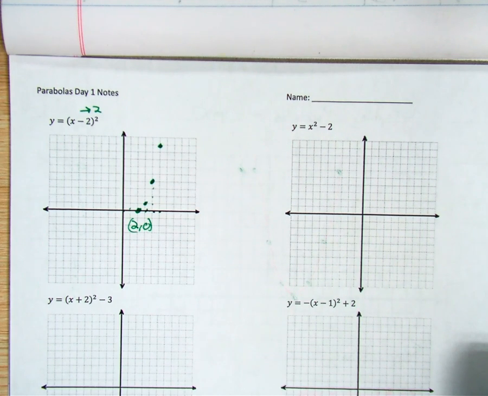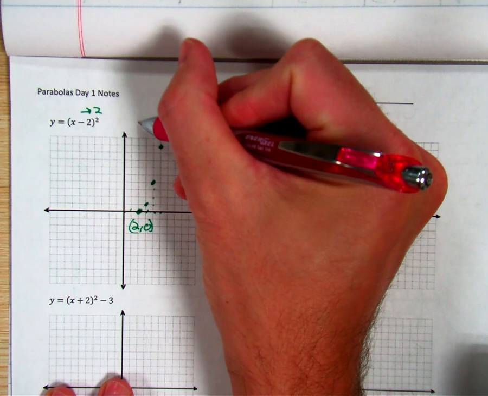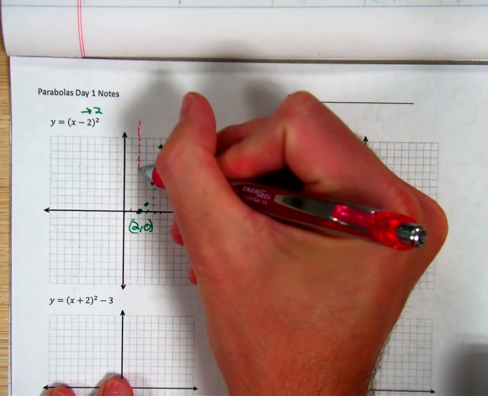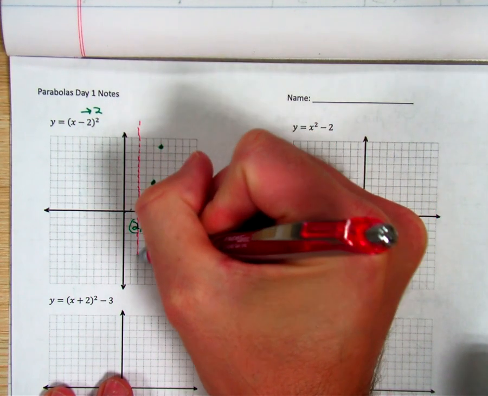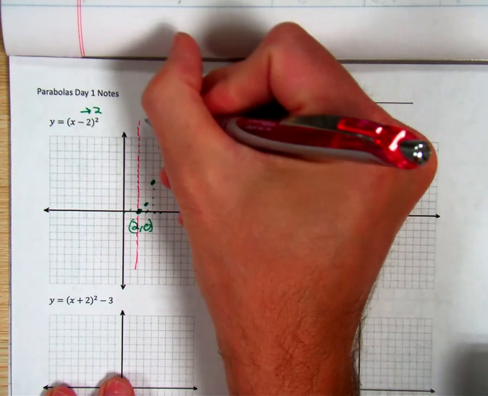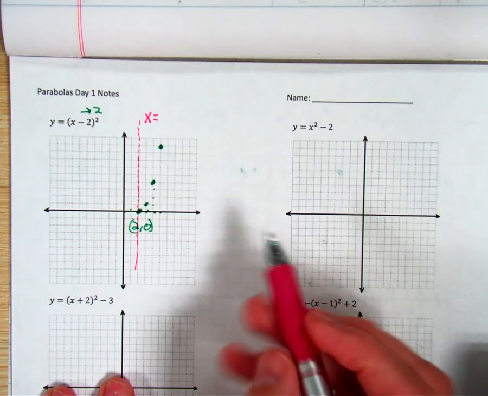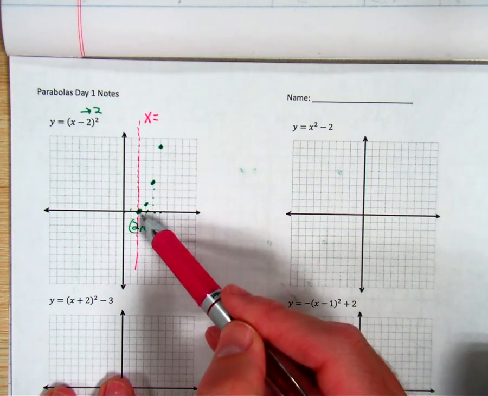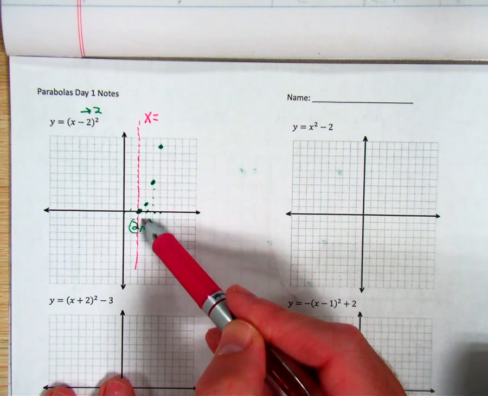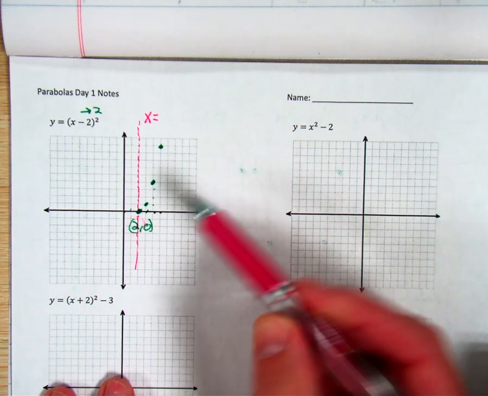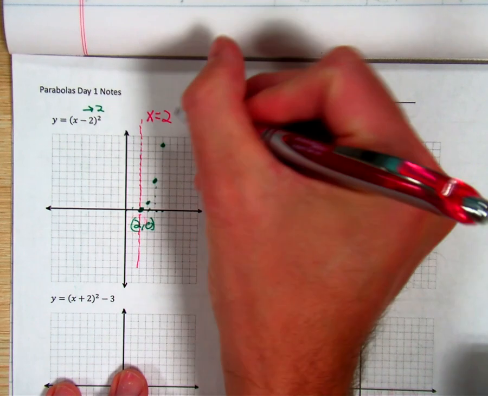Next, we need our axis of symmetry. It's a vertical line that goes right through the middle of the vertex. And because it's a vertical line, it's going to be x equals. And because it's x equals and goes right through the vertex, you should know it's going to be the same as the x number of your vertex, x equals 2.